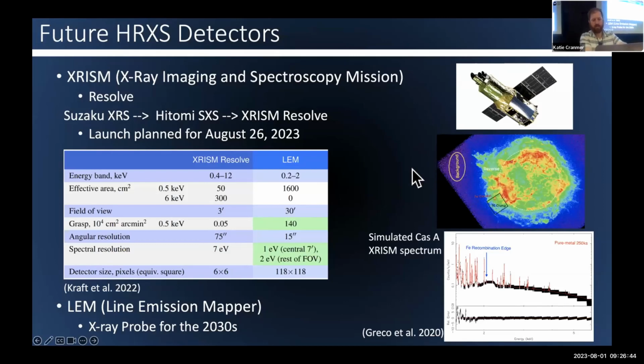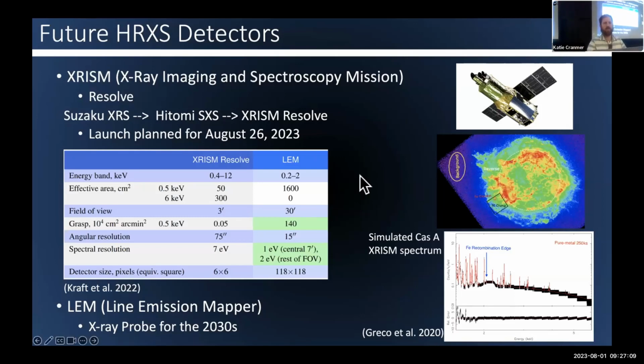So we have a simulated Cas A XRISM spectrum here. The spectrum is simulated from this clump region in black. And the authors of this paper suggest that you can use the high resolution of XRISM to detect radiative recombination continua.